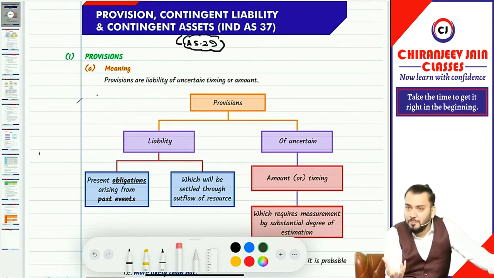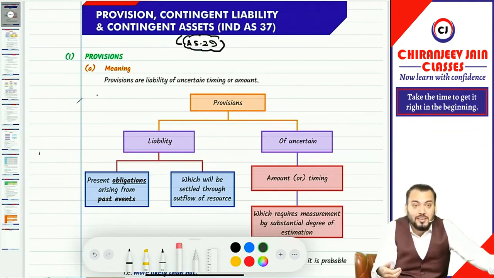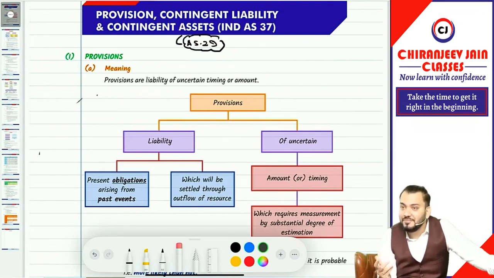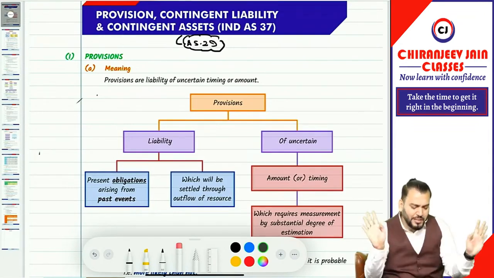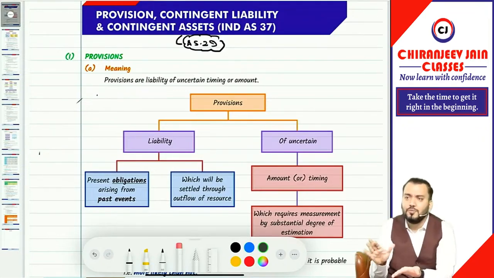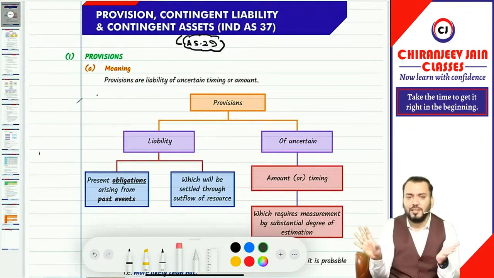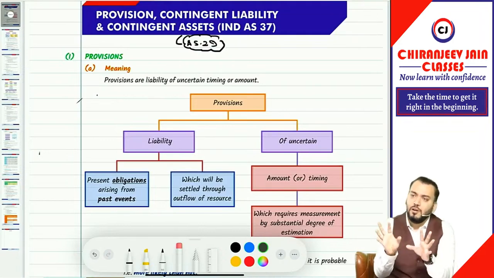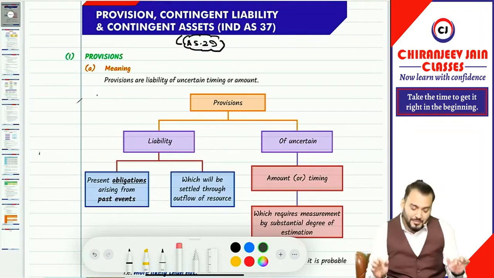Real account was the base of accounting. If you don't know the base of accounting, how can you write the accounting exam? Correct? Yes, sir. So forget it. In my class, I will correct you from each and every aspect. Don't worry. I know what you know, I know what you don't know.